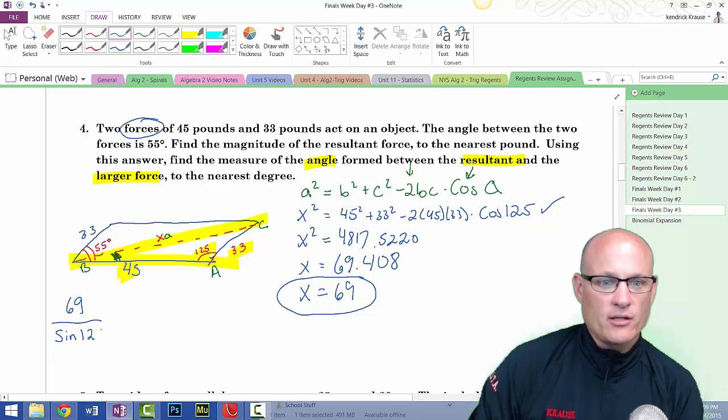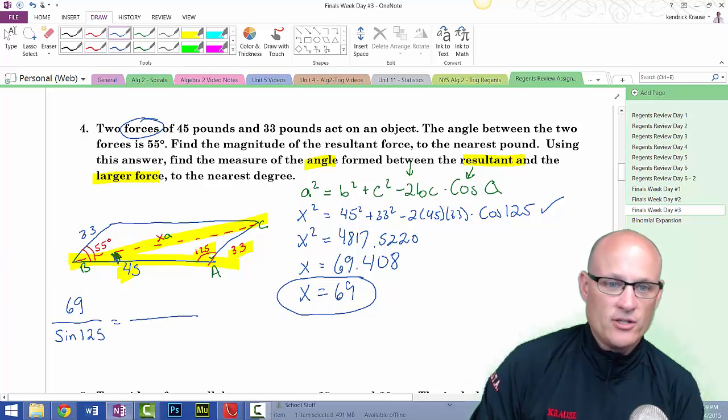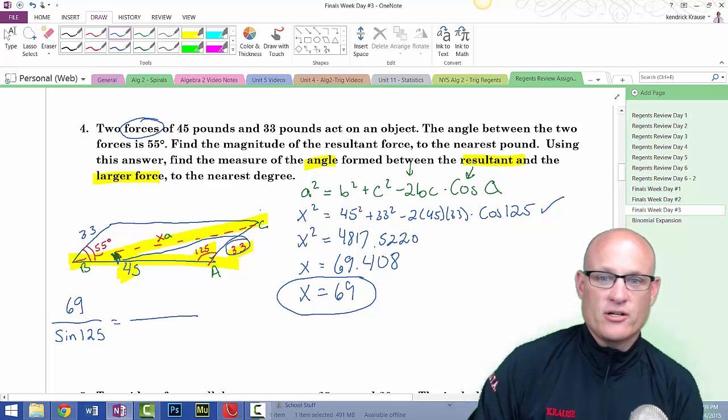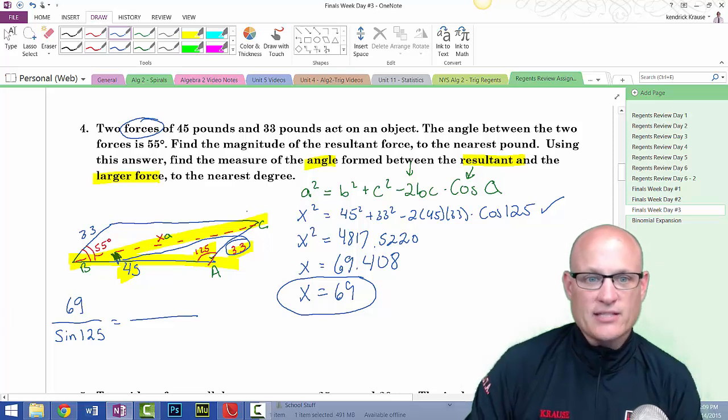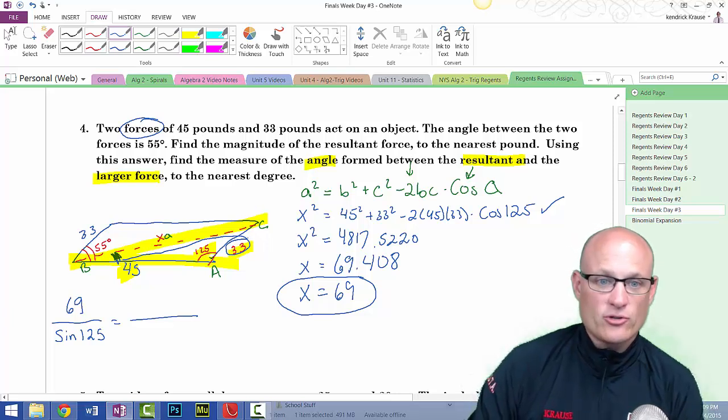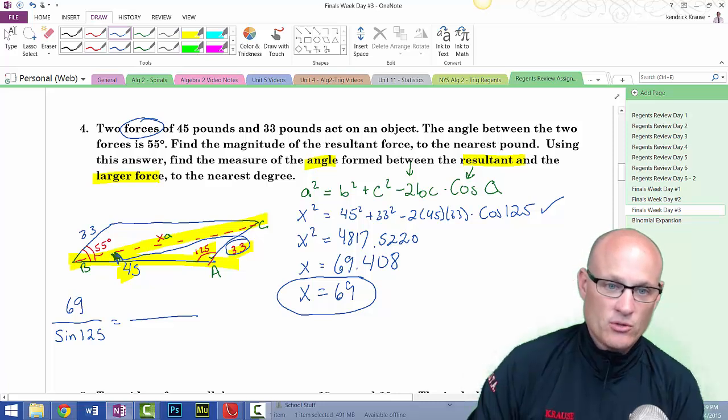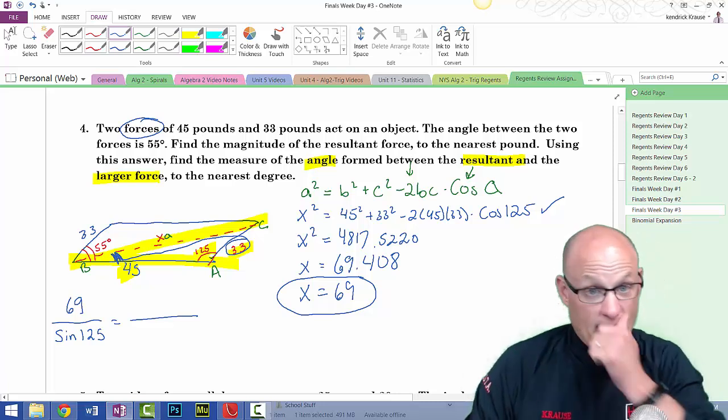Don't start emailing me. So 69 over sine of 125 is equal to... now I want to find this angle, so I have to use this side. I know that's counterintuitive, and they said between the larger force, but the larger force is opposite the larger angle, but that's not what we're looking for. We're looking for this actual smaller angle.